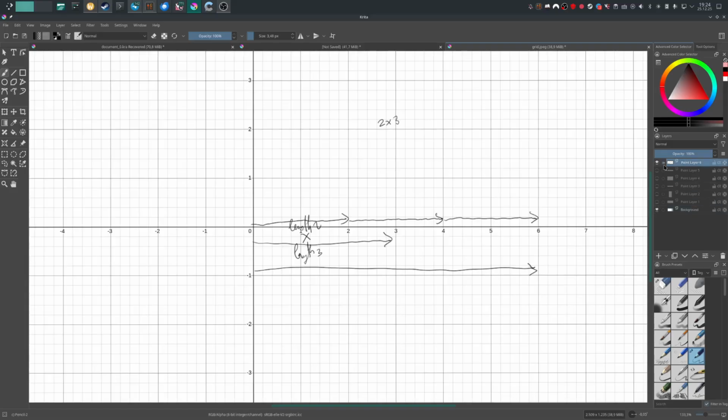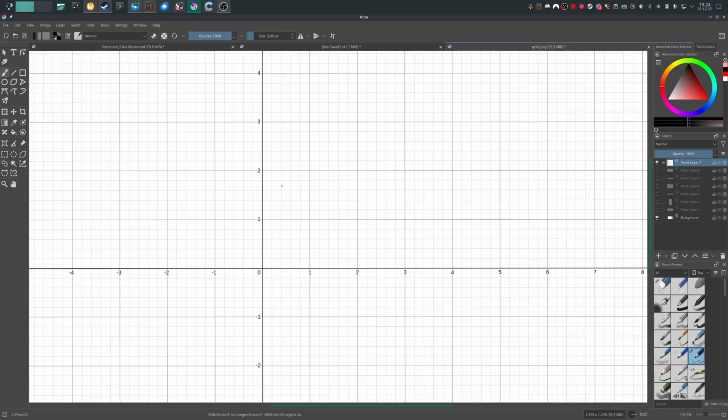Well, in complex space, it is like this too. You multiply the length of the arrow, but you also add the angles.